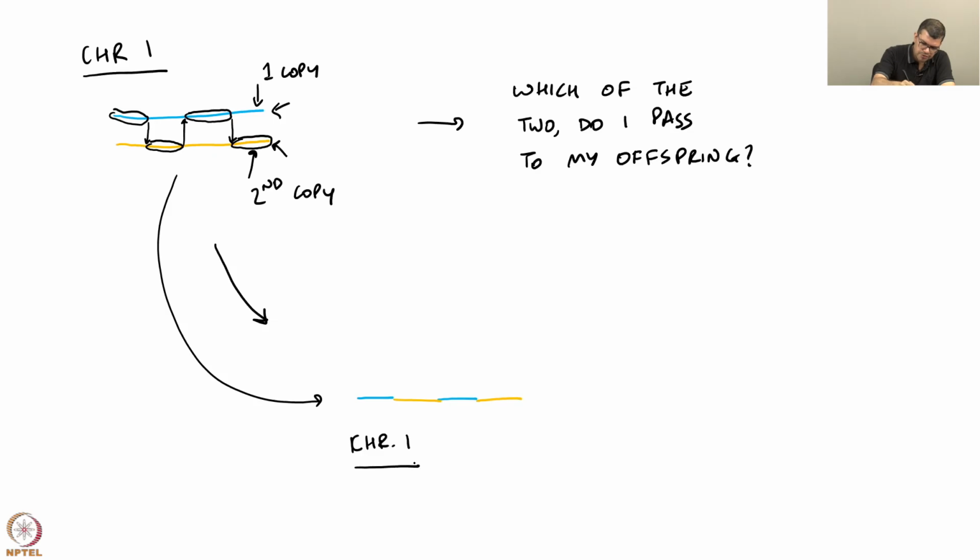This process of switching back and forth is called recombination. And for every chromosome this happens, and you have a hybrid one which gets passed on to the progeny.